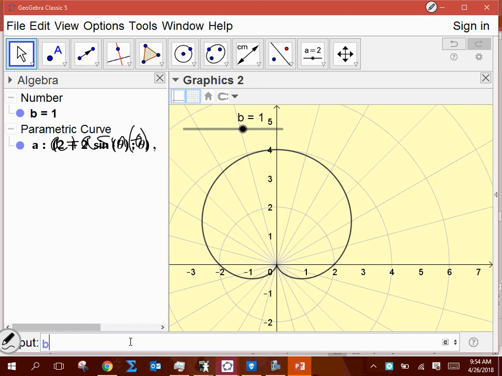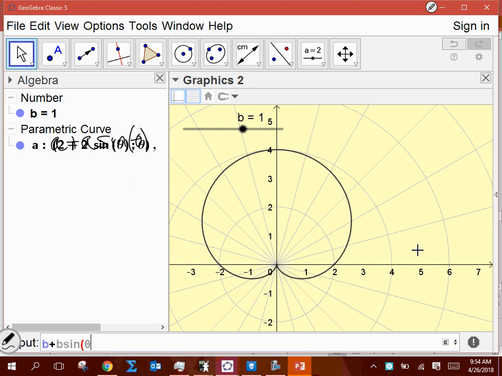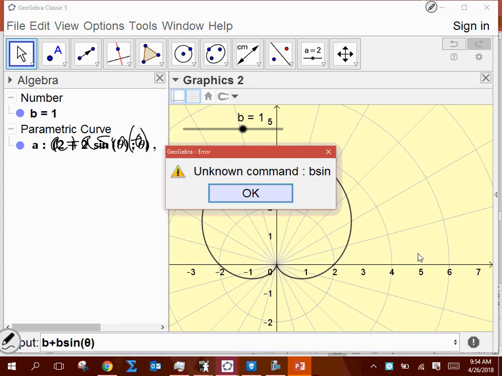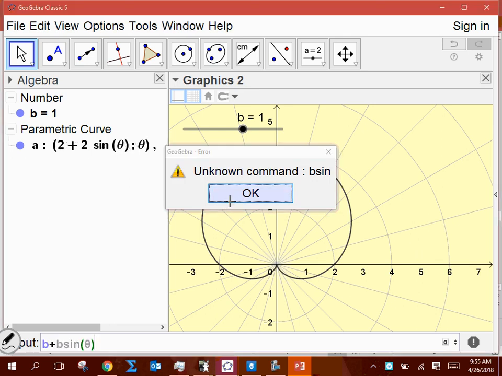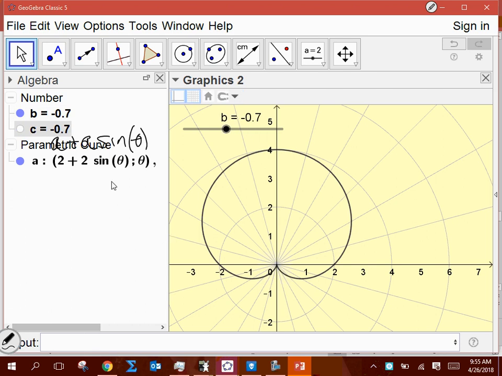So let's say I say B plus B sine of theta. It doesn't know what that means. I'm going to multiply. I think I've got to create a parametric equation. Maybe we'll do this tomorrow.